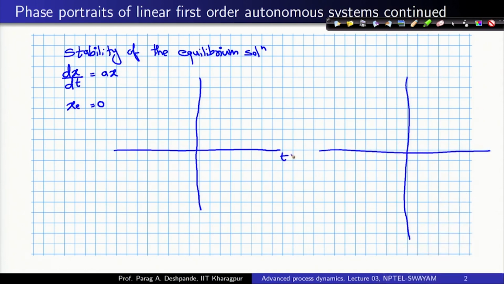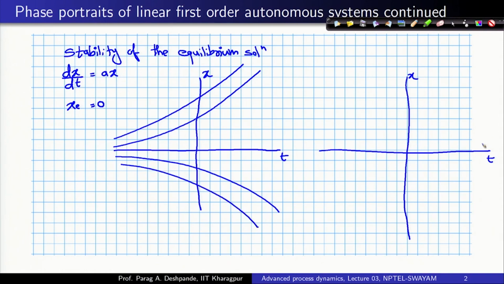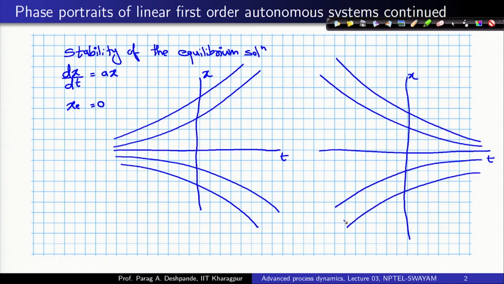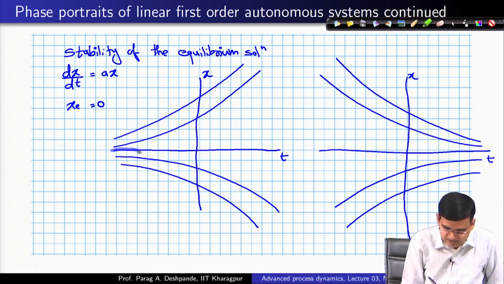So, this is t, this is x, this is t, this is x, and the phase lines look like this. These are the phase lines. And what is the equilibrium solution? The equilibrium solution goes like this.